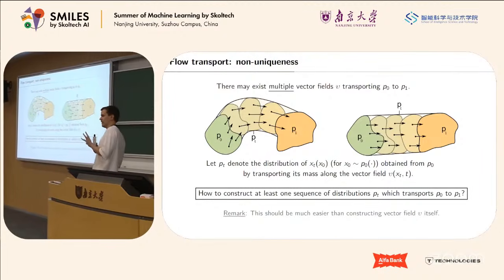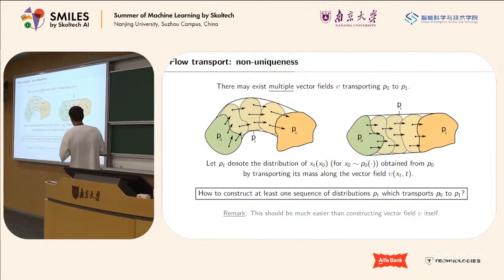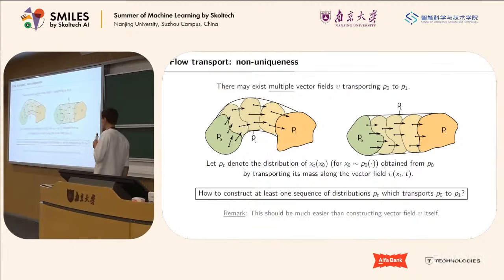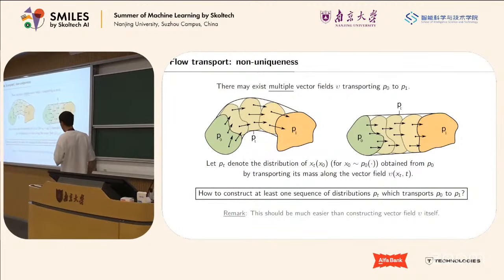let's first of all try to find some vector field which interpolates from one distribution to the other distribution. One quick comment. From the mathematical perspective, this movement between the probability distributions can be described by the well-known continuity equation.